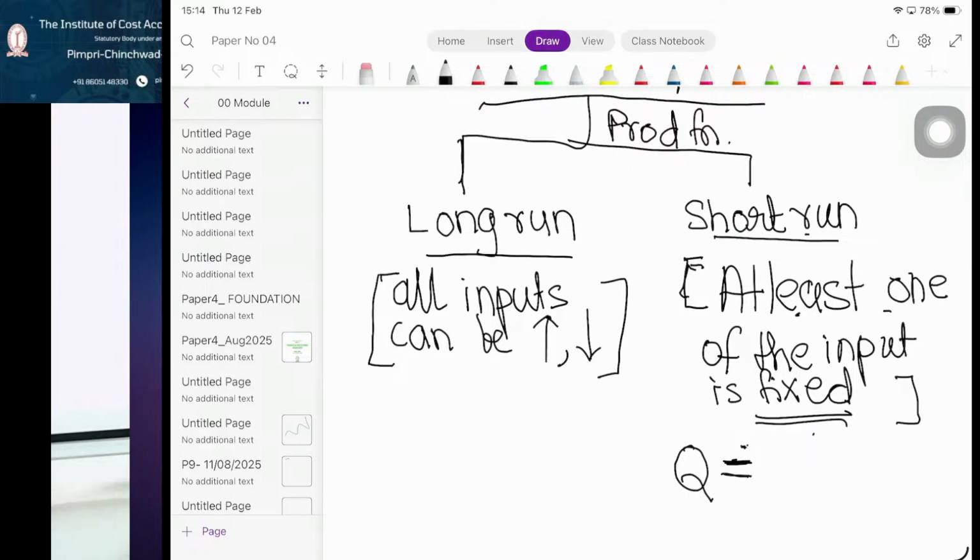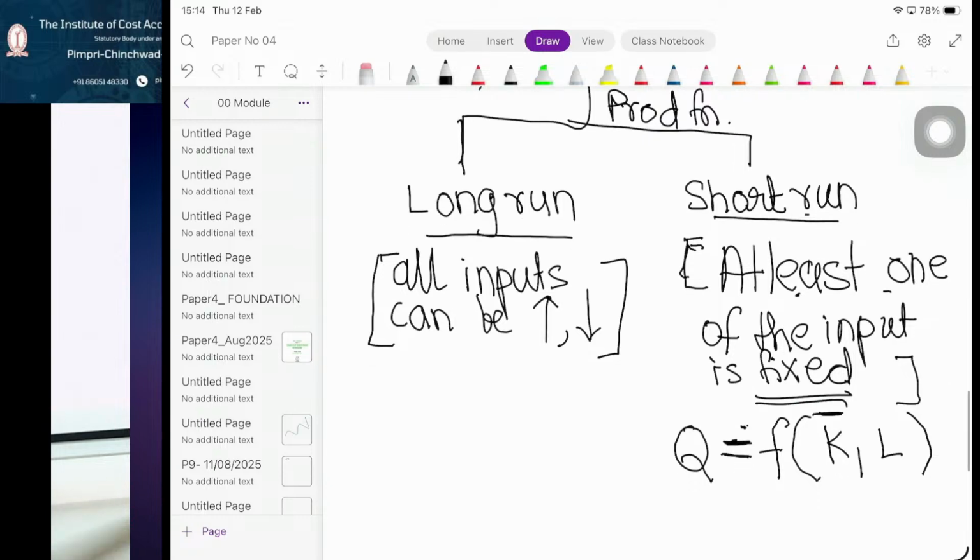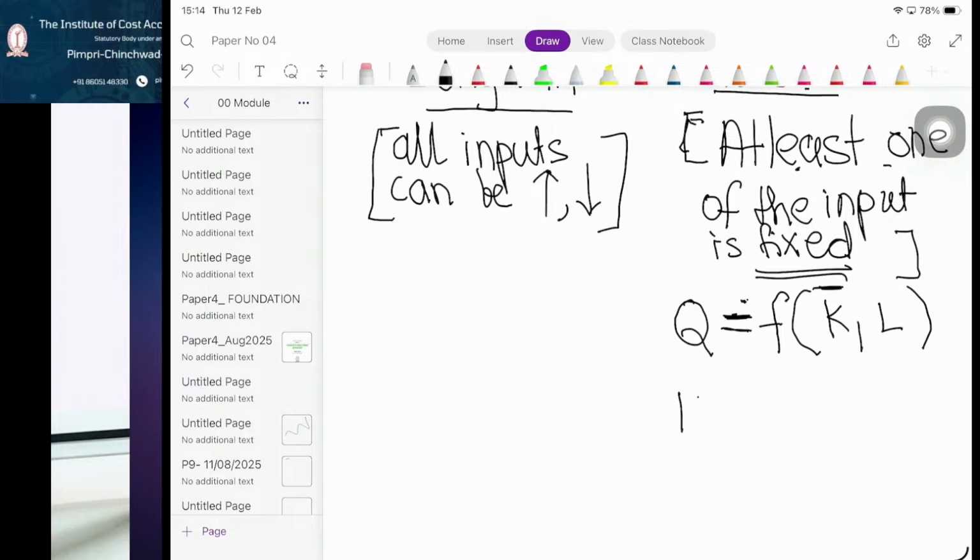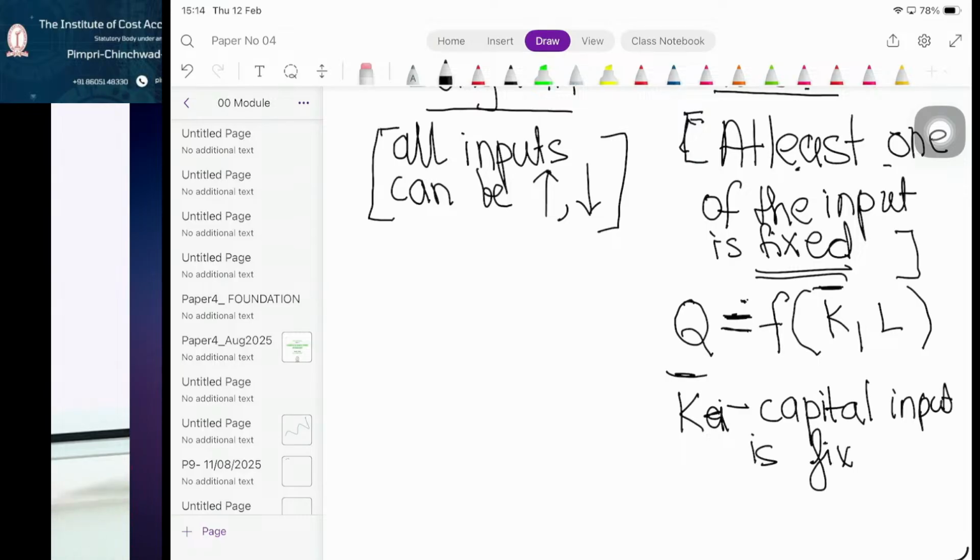Okay, so I'm going to write a way of writing short run production function. If I'm thinking of two inputs, capital and labor, I want to somehow show that one of them is fixed. So I'm putting a horizontal line over K, which means capital input is fixed.